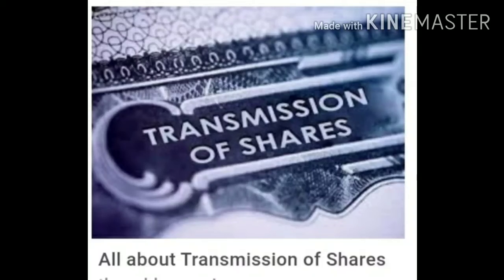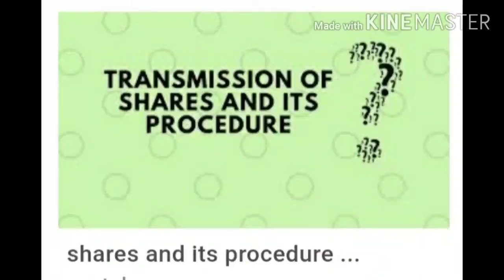Next point, provisions regarding transmission of shares. The provisions regarding transmission of shares are given in Regulations 25 to 28 of Table A. Number 1, ownership of shares: when the shares are in the single name of the shareholder, the shares are transmitted to the legal representative.